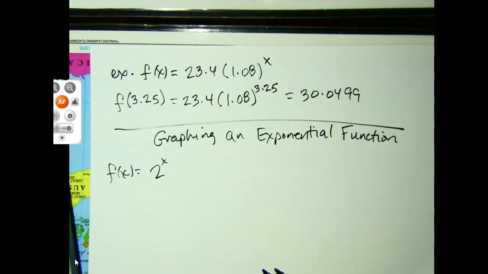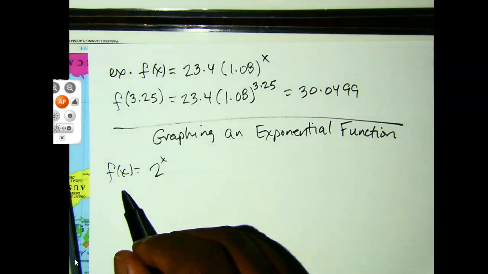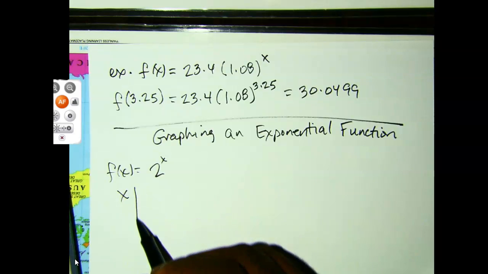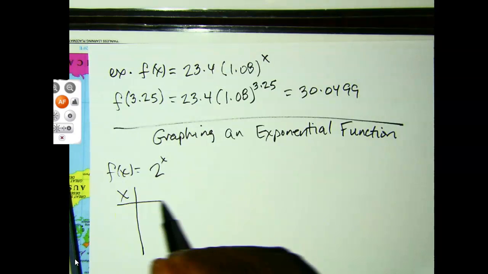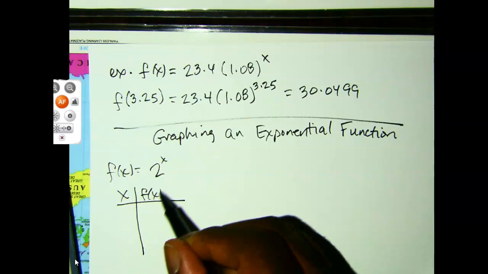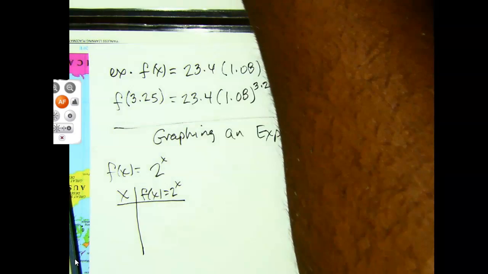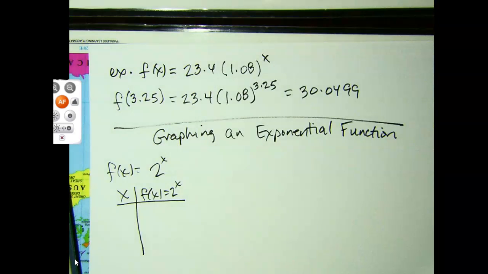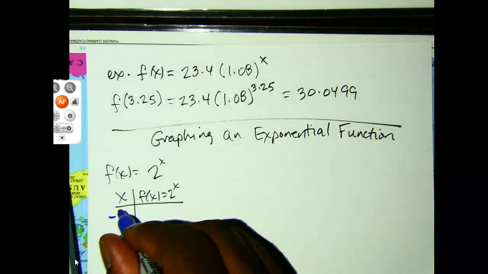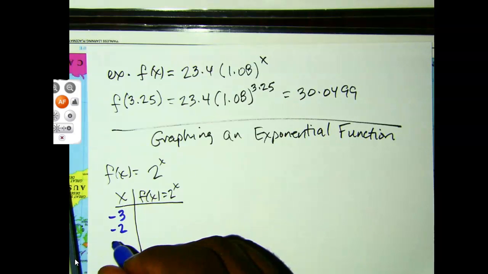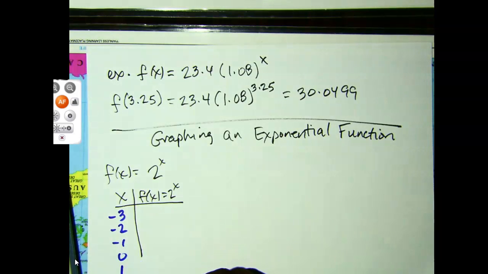Okay. So let's generate a table of values. So we'll start with x, and then f of x is equal to 2 to the x. And we'll use values of -3, -2, -1, 0, 1, 2, and 3.